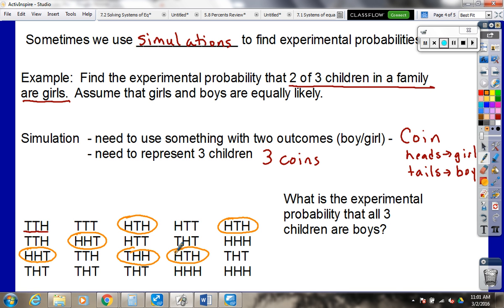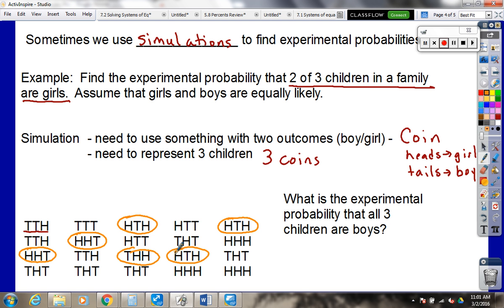Okay, did I get them all? We don't want to use the 3 heads. It should really say that exactly 2 out of 3 are girls. The third is a boy, so we can't use all 3 girls. Okay, so how many do I have that fit the criteria?